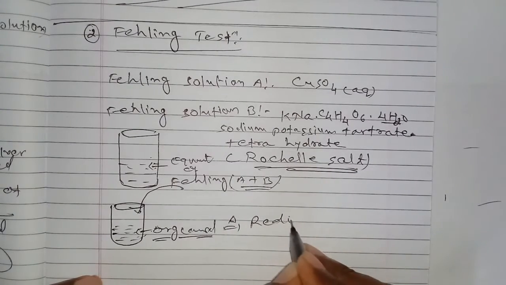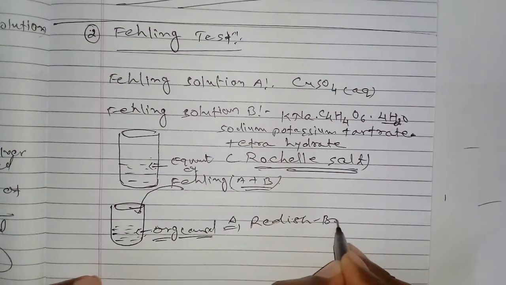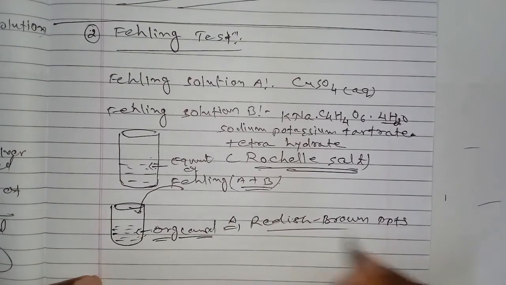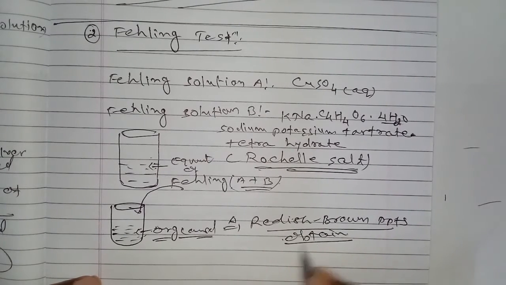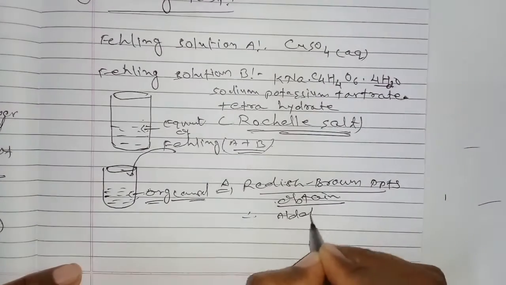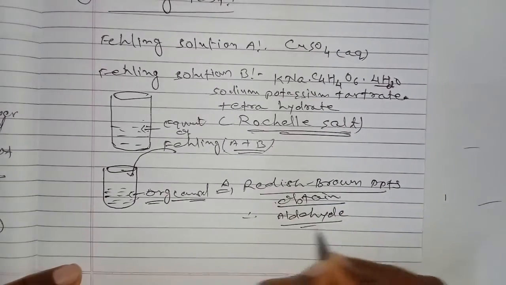If a reddish brown precipitate is obtained, that confirms that aldehyde is present.